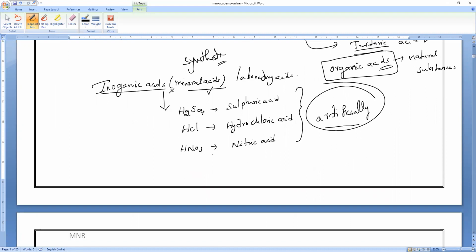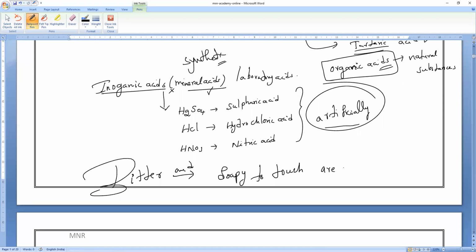So now we all know the next one. The substances which are bitter in taste, as we just studied. Remember, those substances which are bitter and as well as soapy to touch, that is very important. They will be slippery in nature or soapy to touch.